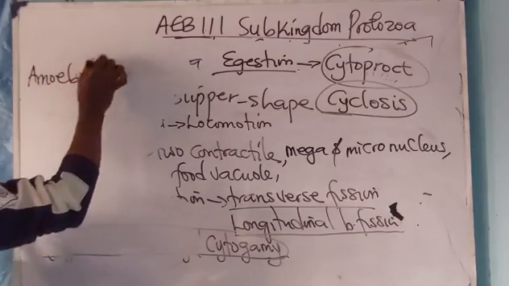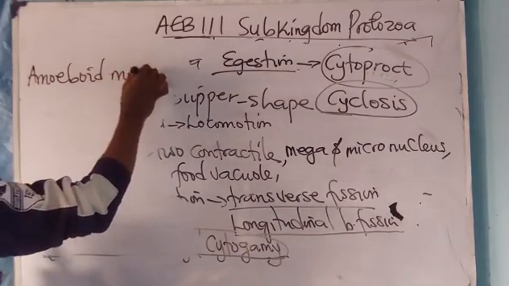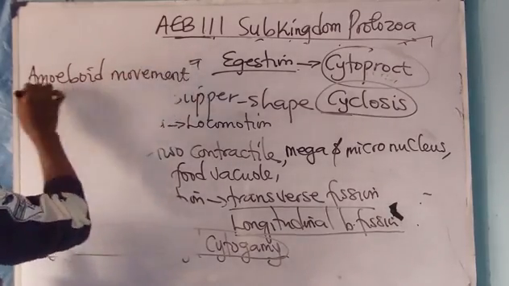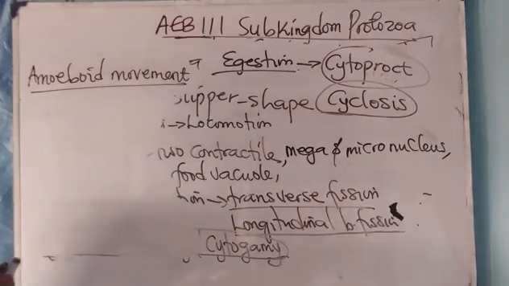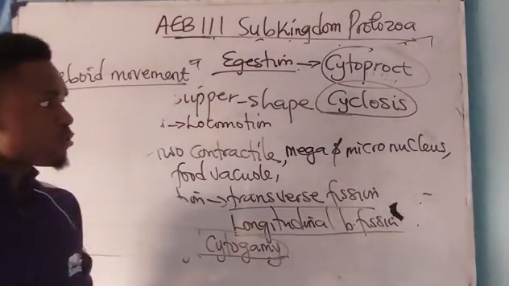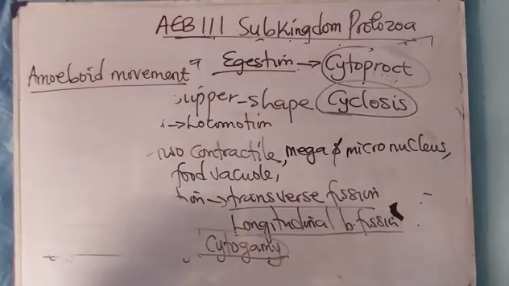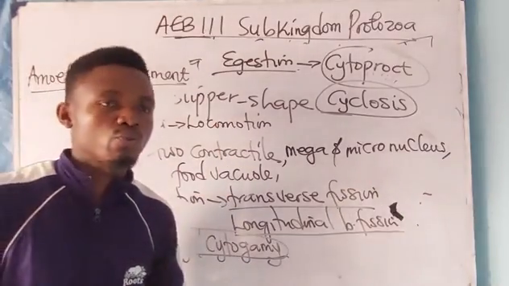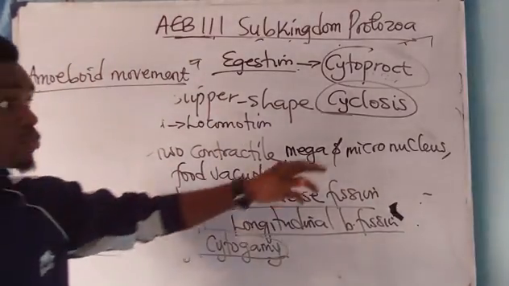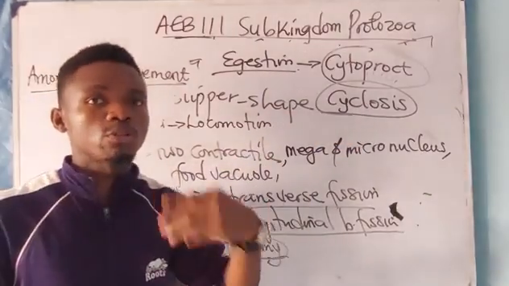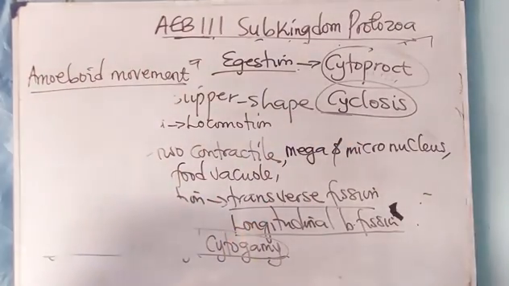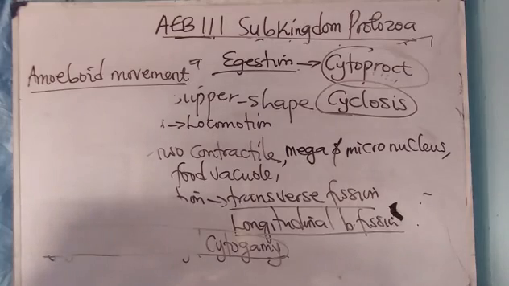Cyclosis means the movement of food in the cytoplasm of an organism. A good example is the amoeba, which locomotes using pseudopodia. Okay, is there any other one?